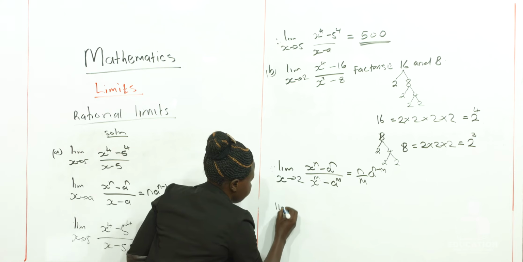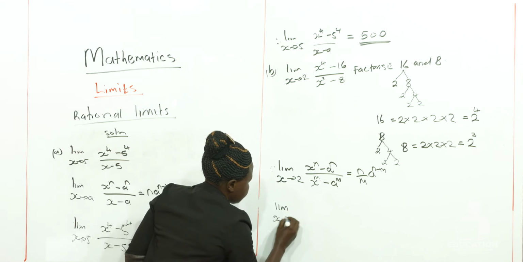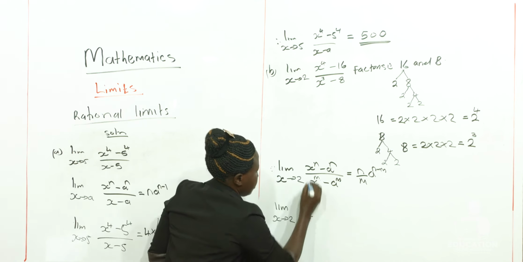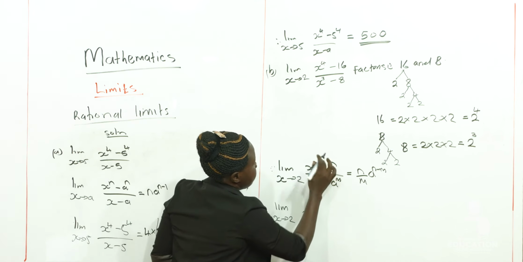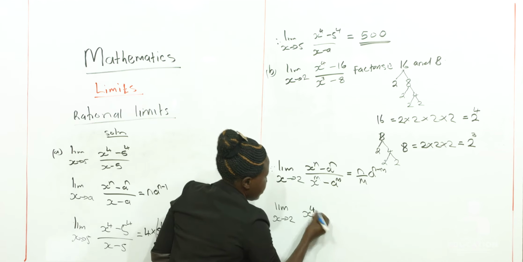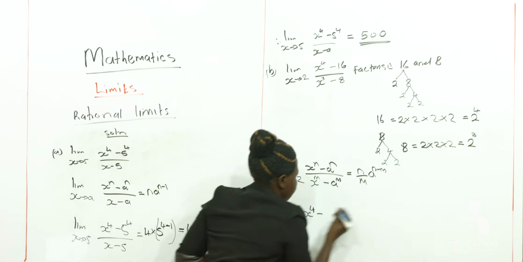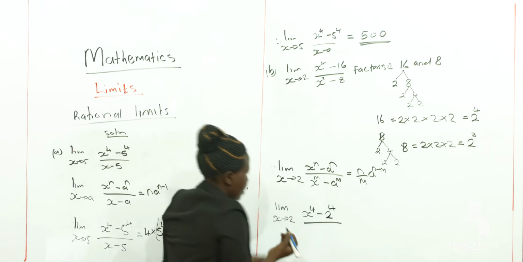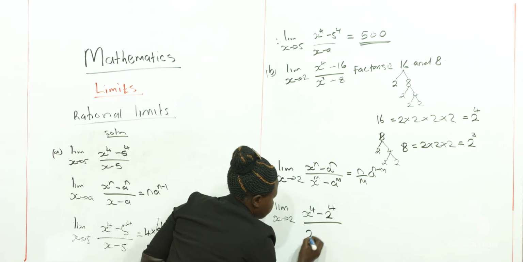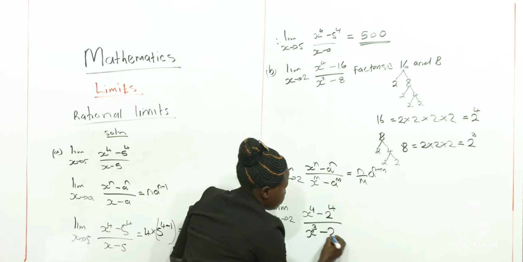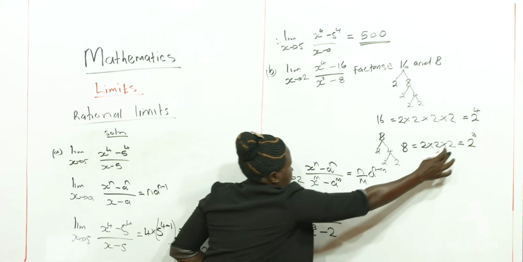So you will now substitute. You say the limit as x approaches 2 will now be x raised to what? The power of the numerator is 4, minus a, and we have our a as 2. So 2 raised to 4 over x raised to m, which is 3, minus 2 power 3.